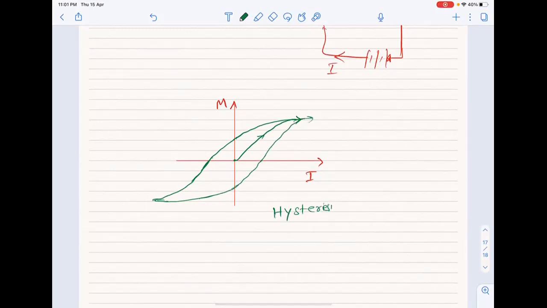One bottom line is that the state of magnetization in a ferromagnetic material depends upon history, or how it has been magnetized.